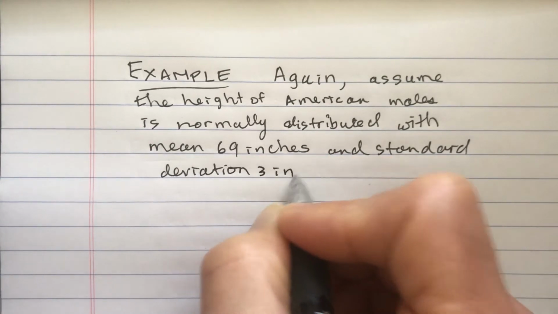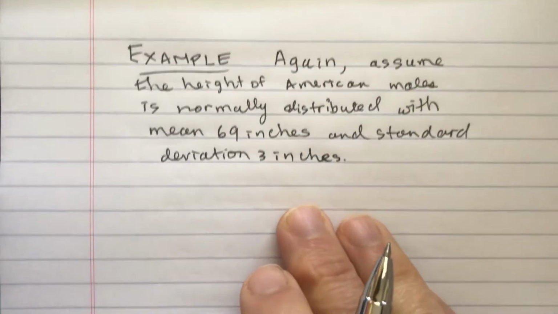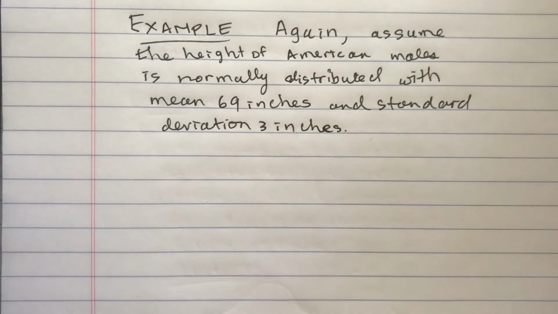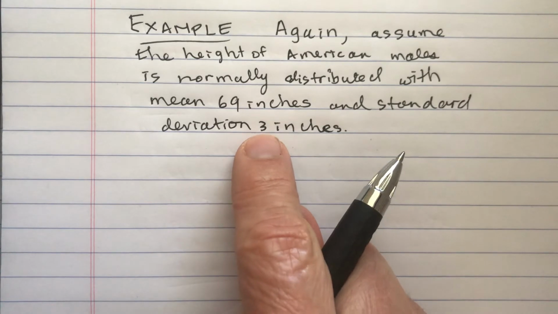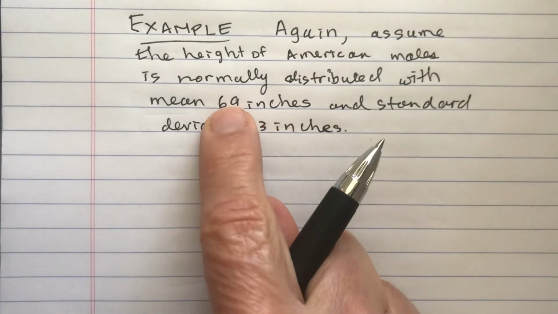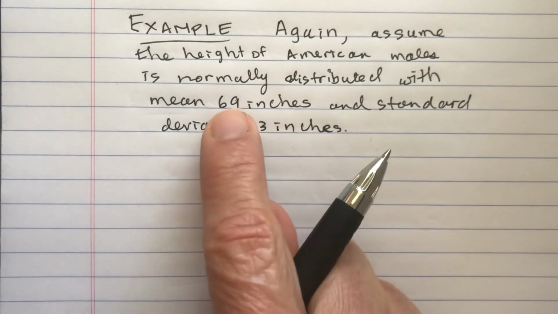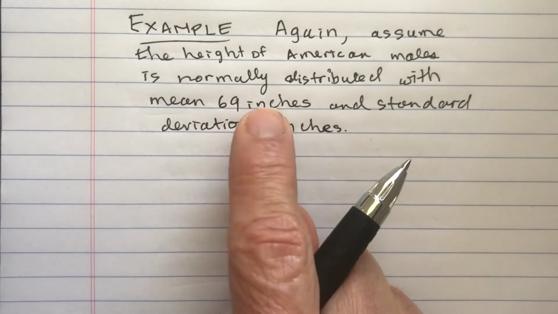The standard deviation tells us how spread out the data is. We can interpret the standard deviation by using the empirical rule. If I take 69 minus 3, that's 66 inches, so 5'6". 69 plus 3 is 72 inches, 6 feet tall.